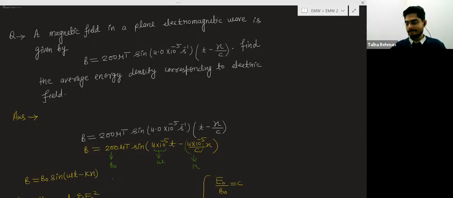Note down. And here c is the speed of light in air, vacuum, or free space.